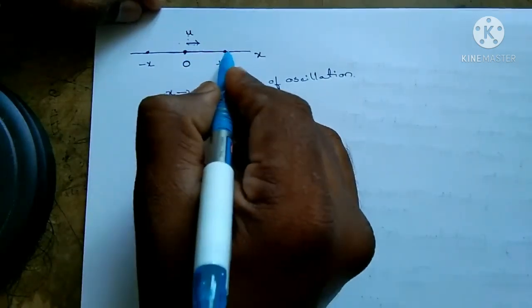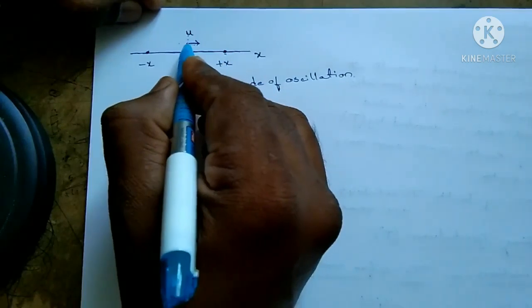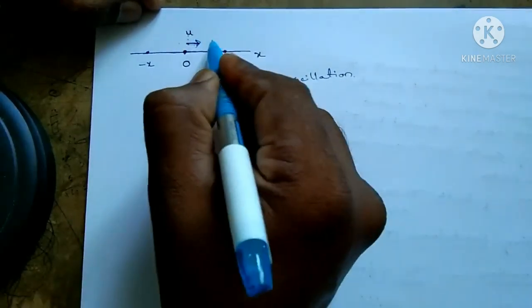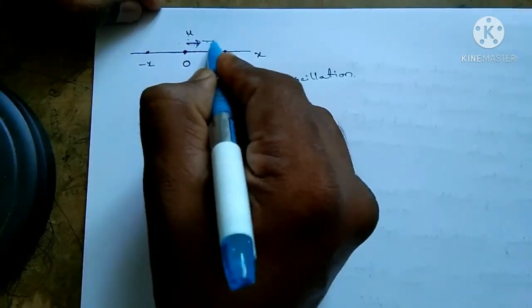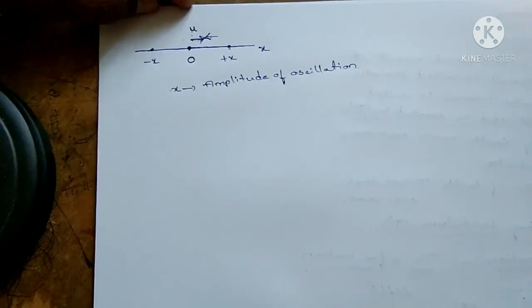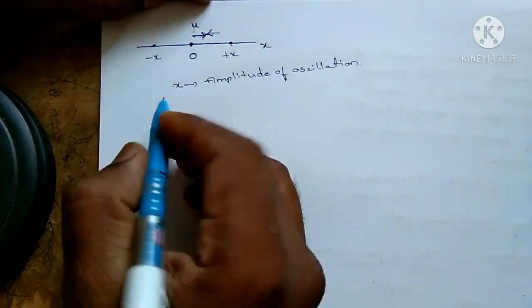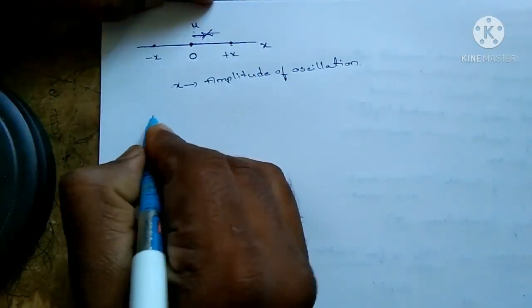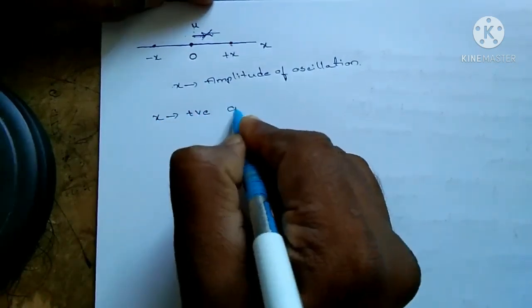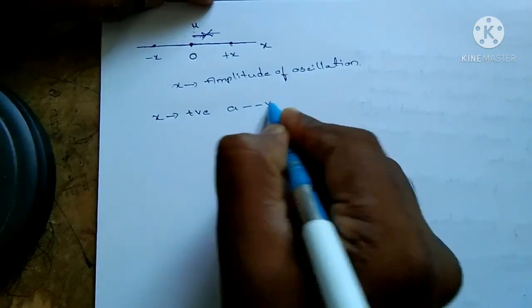So for oscillatory motion, the condition is that the initial velocity we are producing along the positive x-axis should have an acceleration opposite to the x direction. So here our x is along the positive axis, then our a should be along the negative axis, beta.